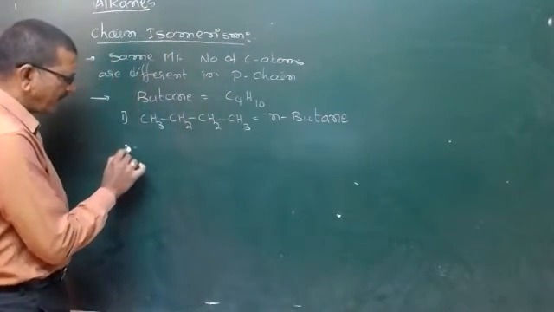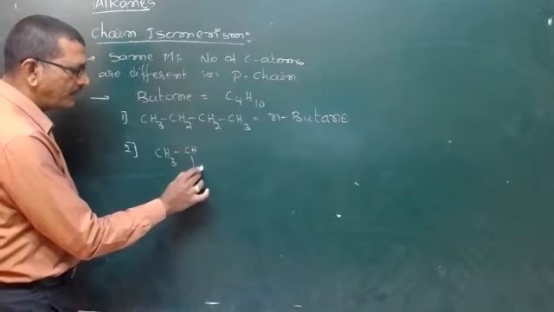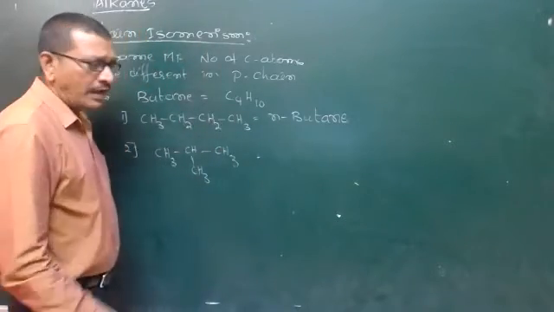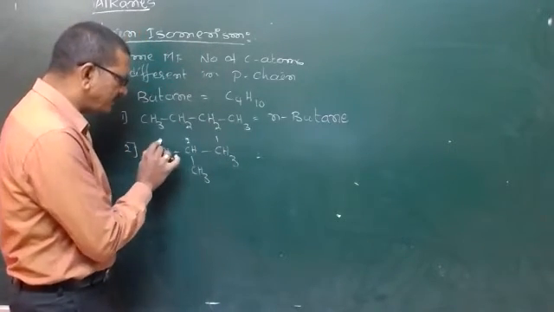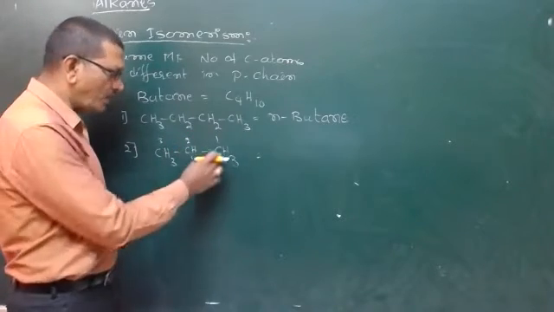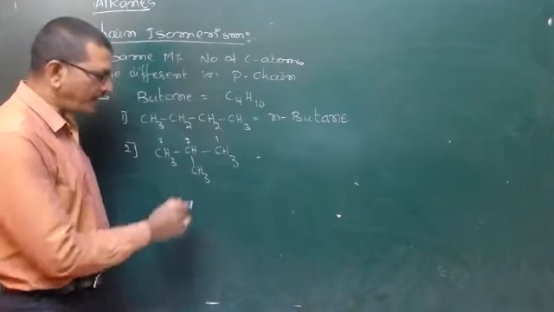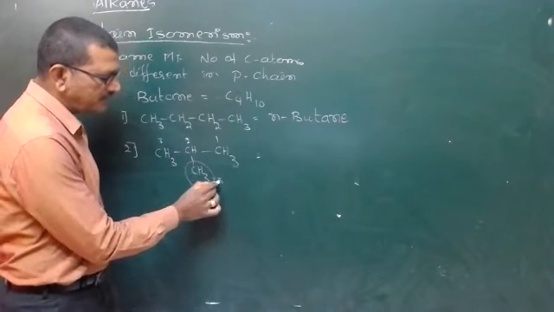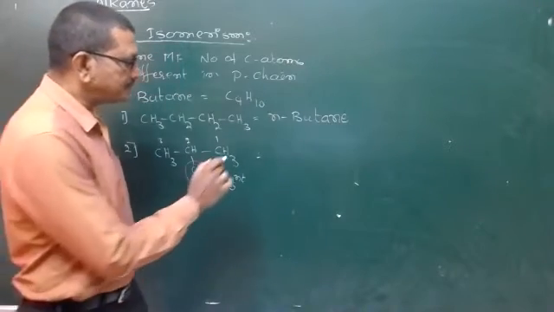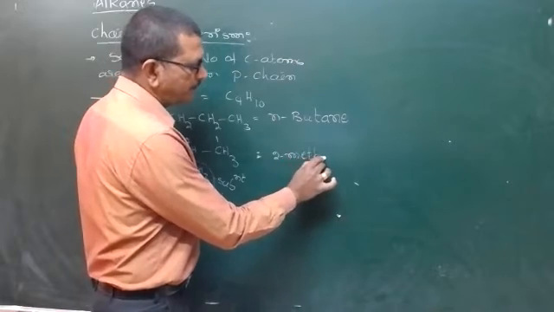Now we take the second one, with CH3 branching. How many carbon atoms are present in the principal chain? 3. You can select any direction: 1, 2, 3. After selection, the remaining group acts as a substituent. The name of this molecule is 2-methyl propane.